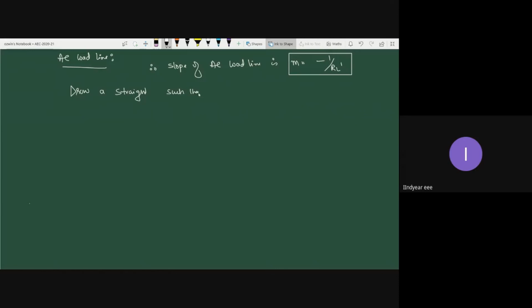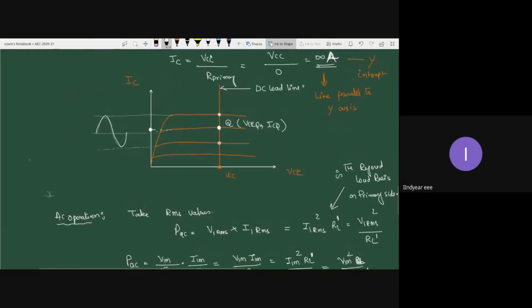Such that the slope of the line is M is equal to minus 1 by RL dash, passing through the Q point. Okay, so let's do that.